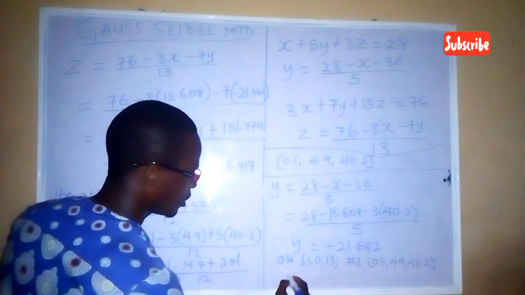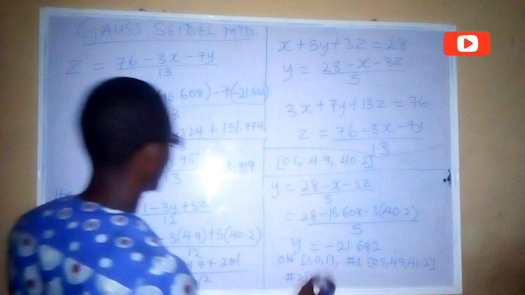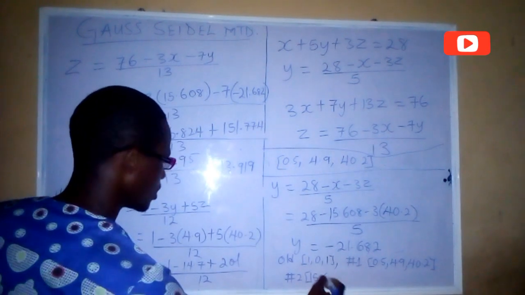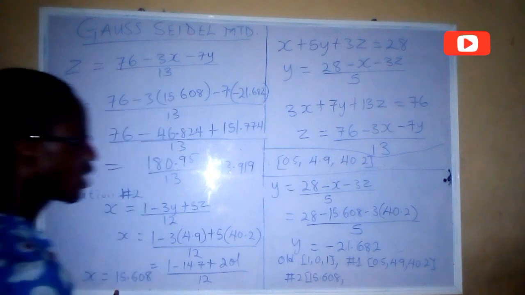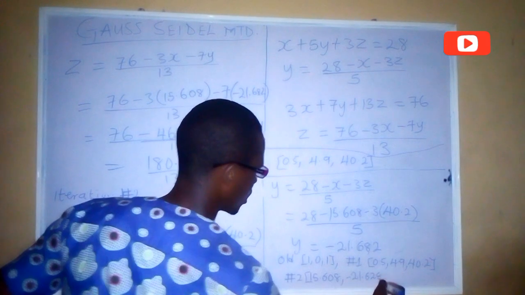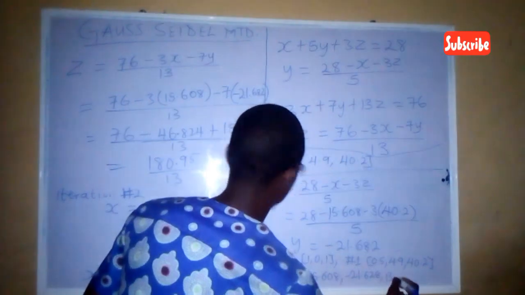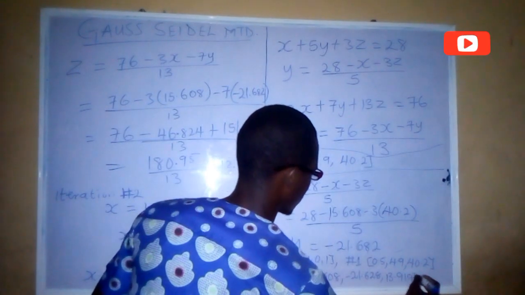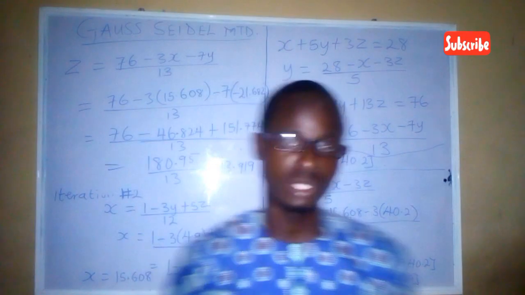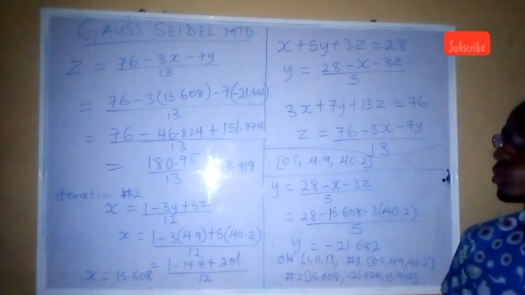After the second iteration, we have the value to be, for x, 15.608. For y, minus 21.682. Then for z, 13.919.